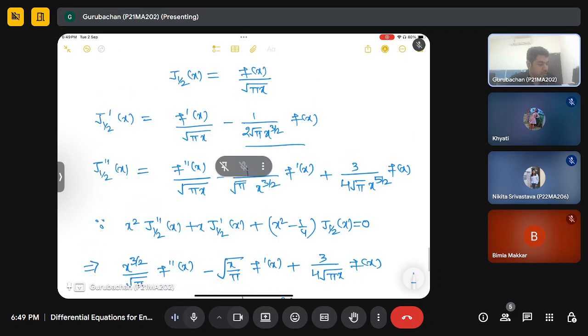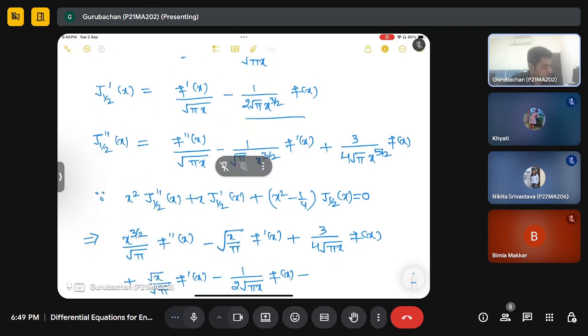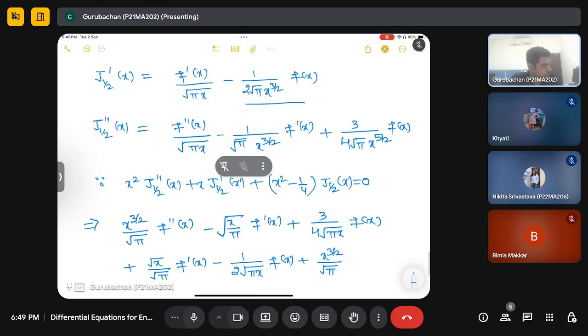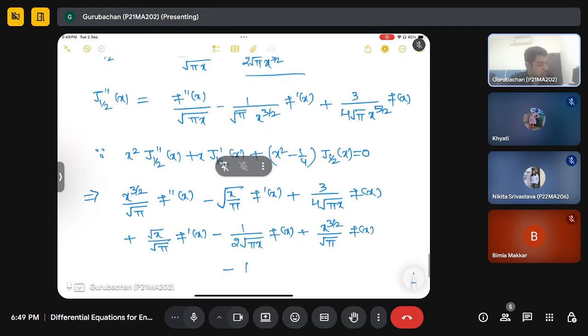If you multiply with x square, the first term will be x square minus half, that is 3 by 2, so x to the power 3 by 2 root pi into f(x). Next is minus 1 by 4, that is minus 1 by 4 root pi x f(x). This will be 0.